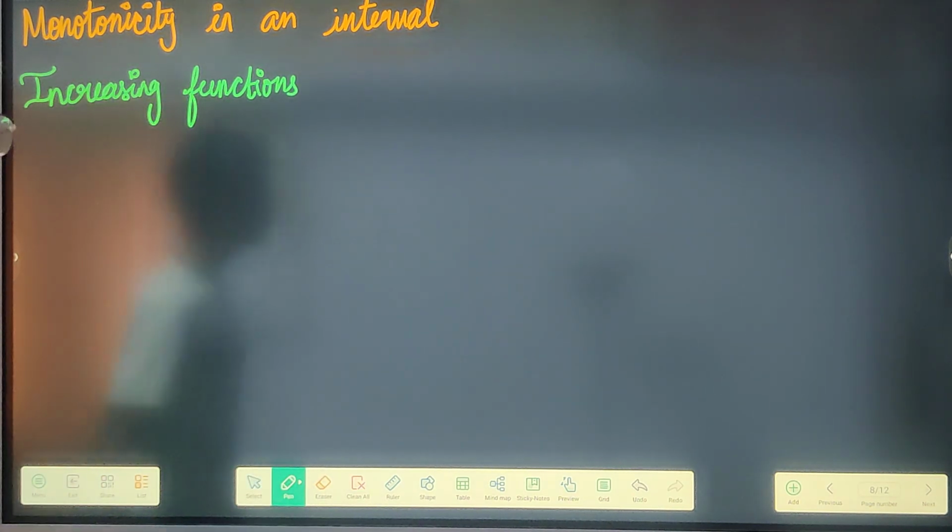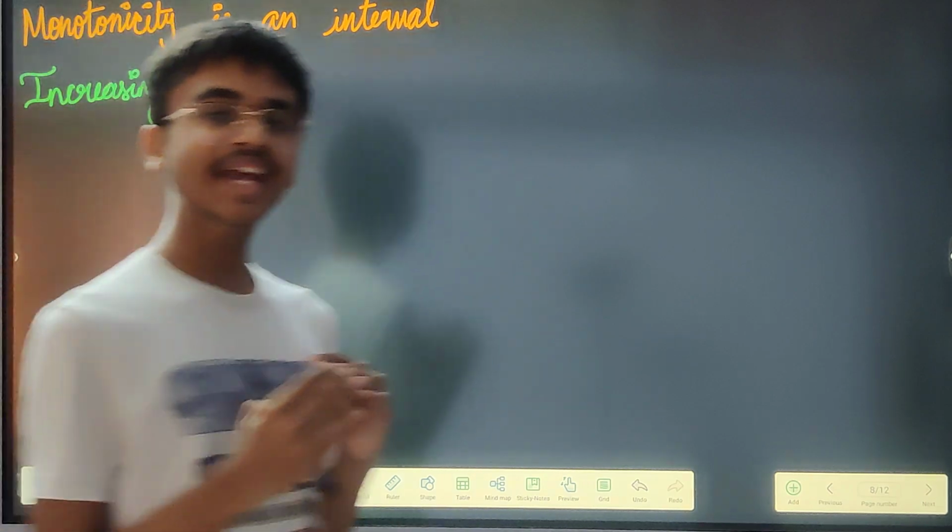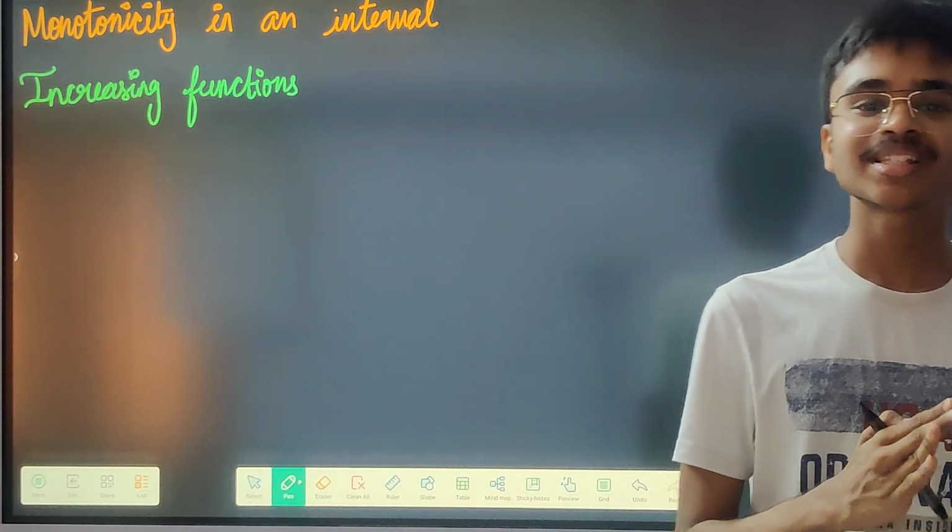A function f is said to be increasing or non-decreasing. By the way, increasing can be said as non-decreasing, decreasing can be said as non-increasing.